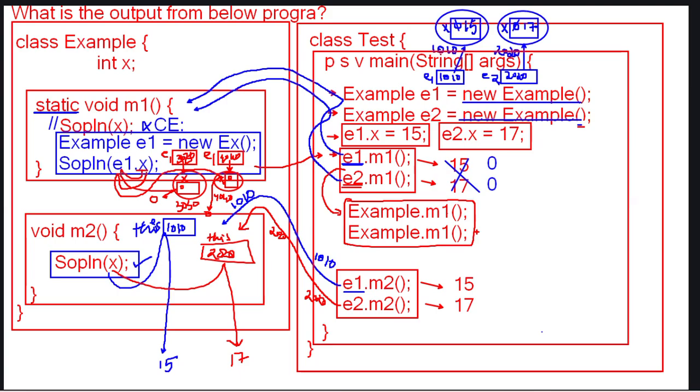If you access a non-static variable inside a static method by creating a local object, then that method becomes what? Static nature code. It always reads the value from the current object, not from the runtime object. Solution: you must define a parameterized static method to receive the objects from the main method. Inside the method logic, you must read the X value from the parameter object, the argument object.